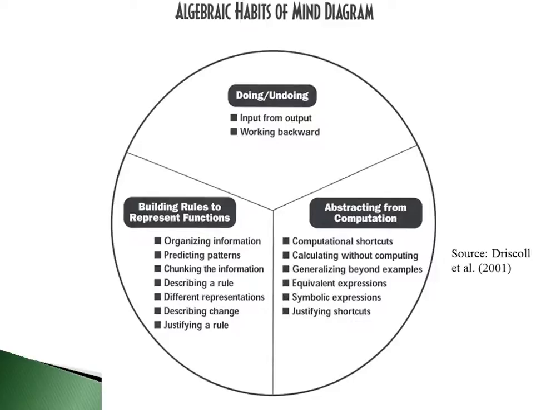Finally, abstracting from computation includes developing computational shortcuts, calculating without computing, generalizing beyond examples, finding equivalent expressions, using symbolic expressions, and justifying shortcuts in computational methods. Incorporating these features in the elementary and middle school curriculum will ensure that students are prepared to engage in algebraic reasoning in high school.